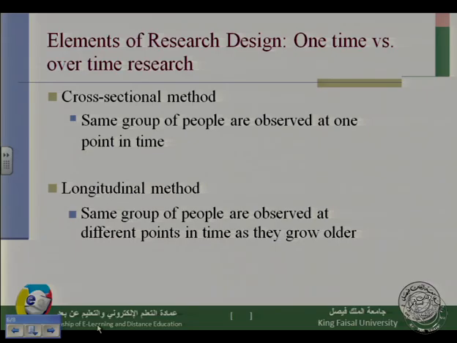This is the risk with the longitudinal method. The risk with the cross-sectional method is that you don't get the real findings, because the two groups are different, and we need to accept the fact that there are individual differences.